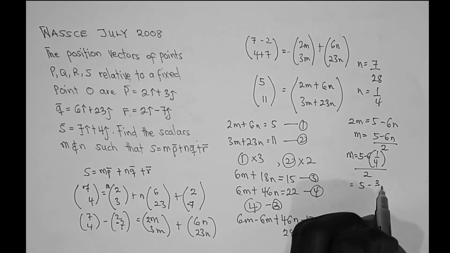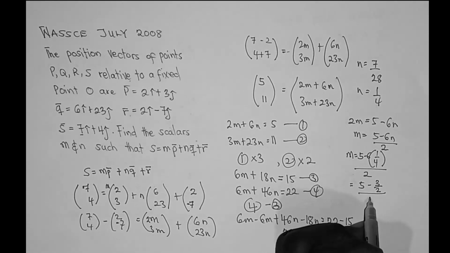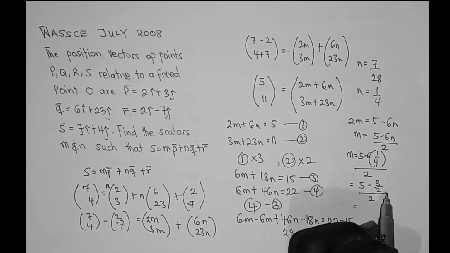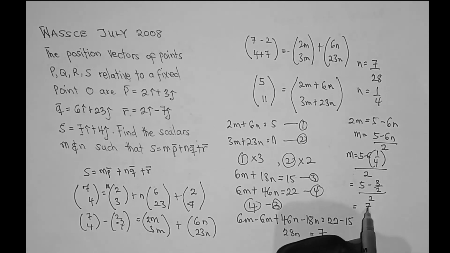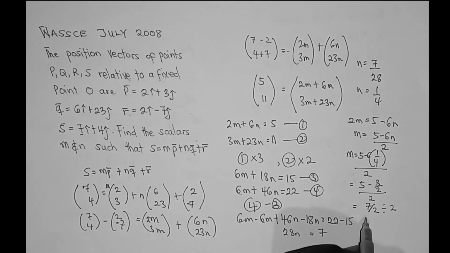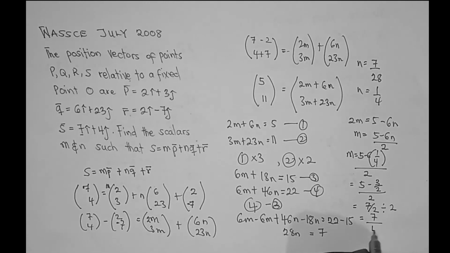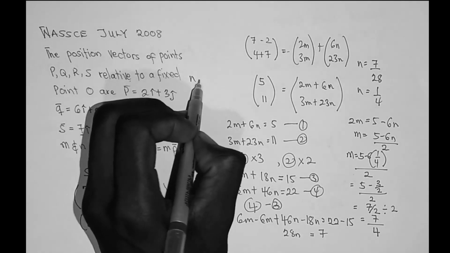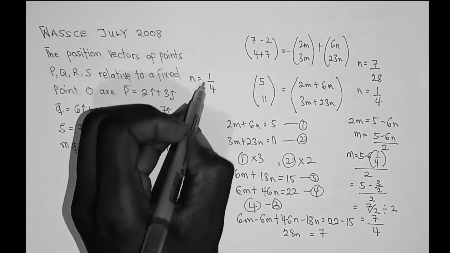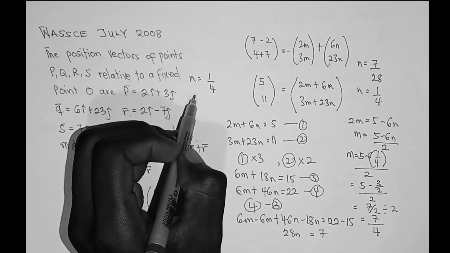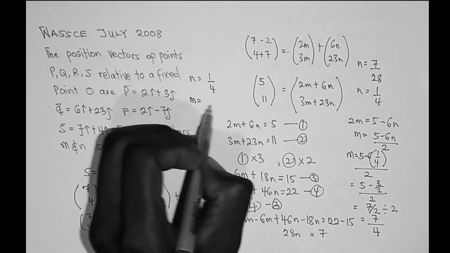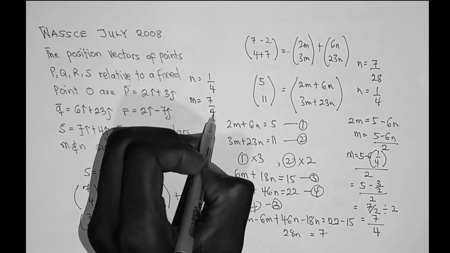So 5 minus 3 over 2 divided by 2. 2 times 5 is 10. 10 minus 3 is 7. So we have 7 over 2 divided by 2, which is equal to 7 divided by 4. So therefore, the value of n is equal to 1 over 4, and then the value of m is equal to 7 over 4.